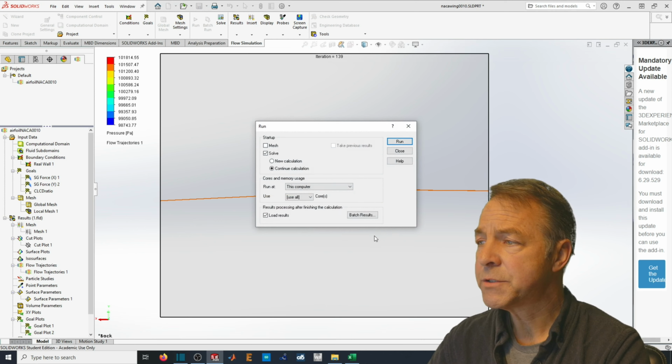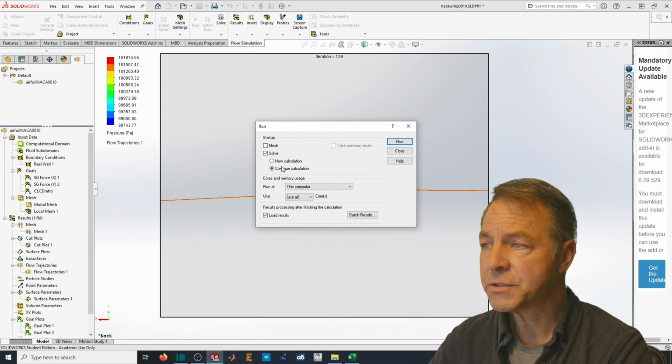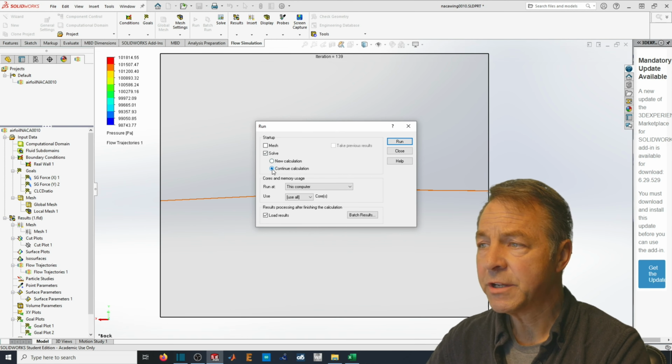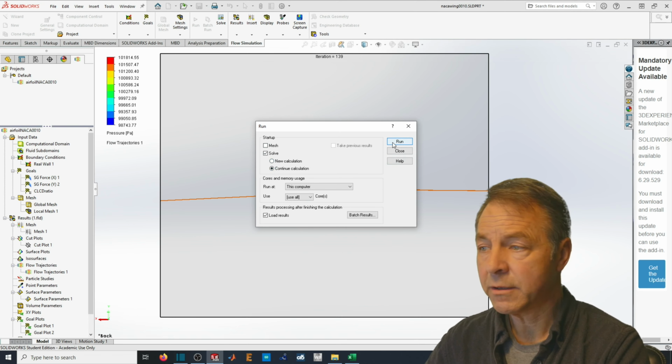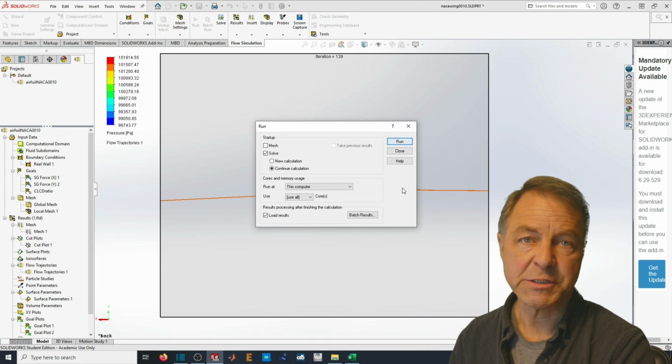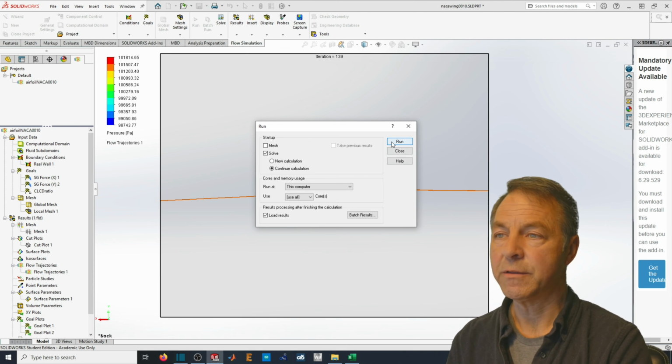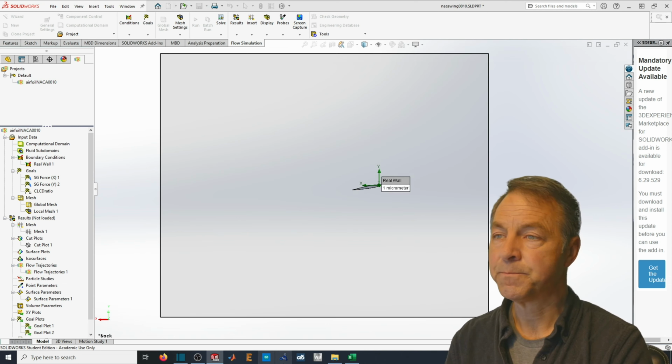Now, in this run, I'm keeping everything the same. I'm actually going to continue the calculation here, and that will enable us to speed it up and use the bulk results initially.